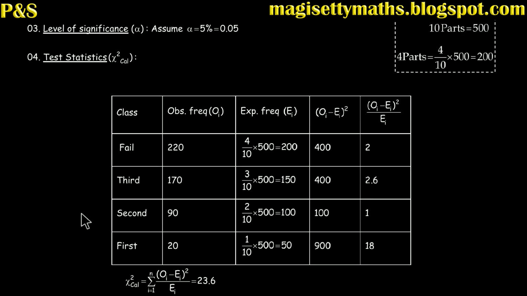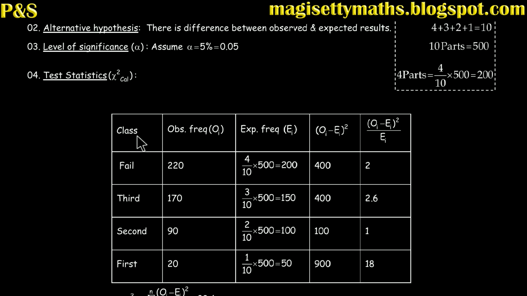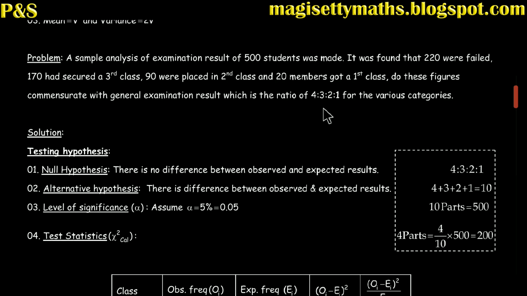expected frequencies. From the given data, we have different classes: fail, third, second and first. Of these, 220 failed, 170 got third class, 90 got second class and 20 got first class. These are the observed frequencies. Now we evaluate expected frequencies with the ratio 4:3:2:1.